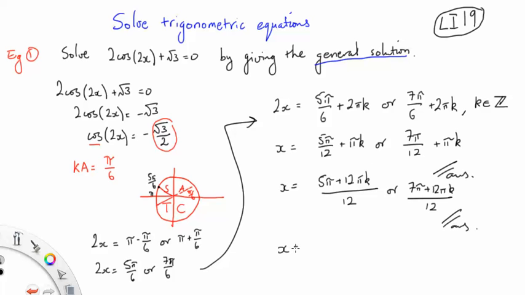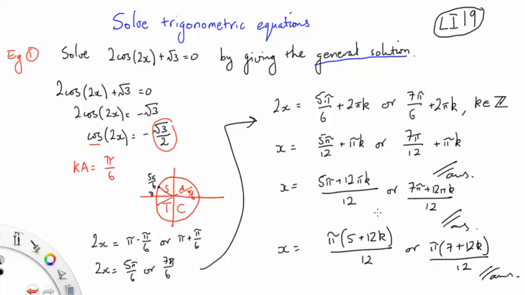They might decide to take out the pi. There's lots of ways to say the same thing. All those are valid answers. So the reason to be aware of it is for multiple choice questions, where they can say which one of these is the general solution to 2 cos 2x plus root 3 equals 0. So that's why you should be aware of it.